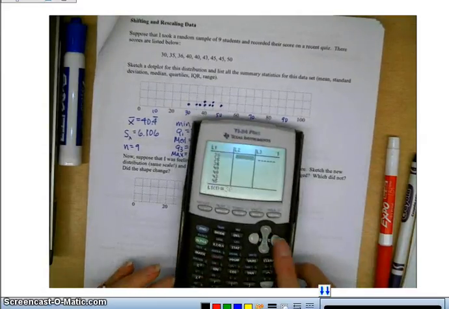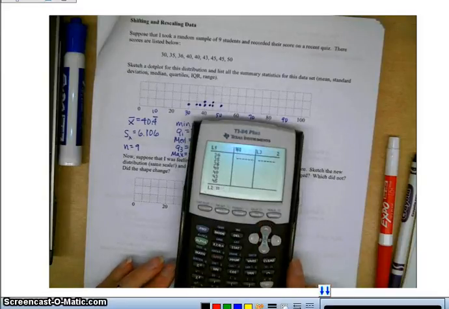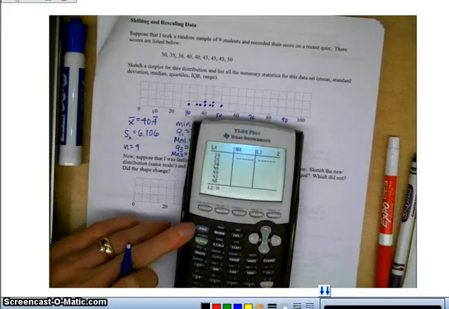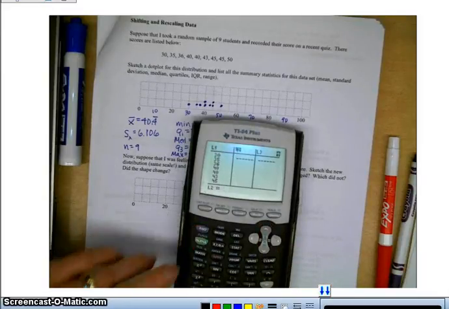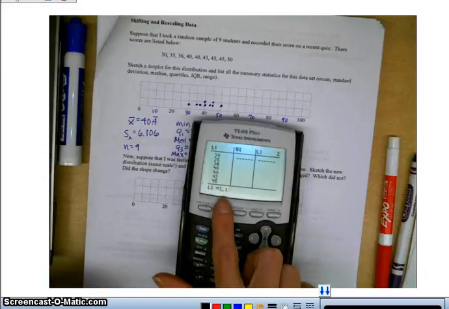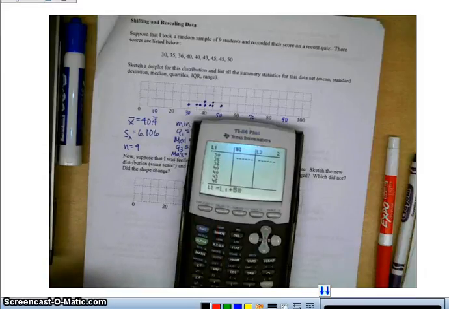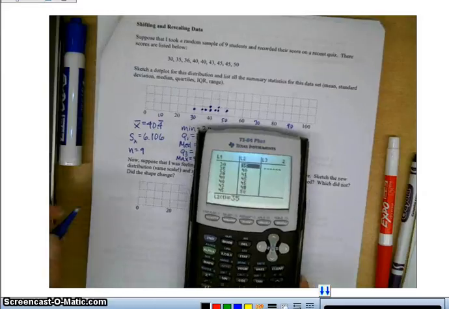I'm going to go to list 2, and what I can do in the heading of list 2 is tell it by hitting 2nd and 1, and notice how it puts list 1 in there, and I'm going to add 5 to every value. So what I'm doing is adding 5 to every value.